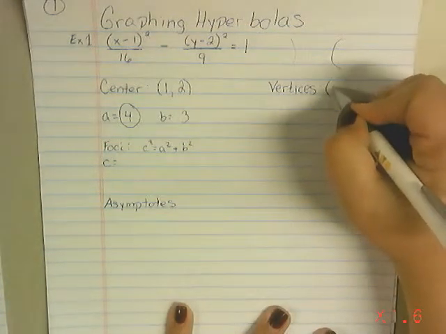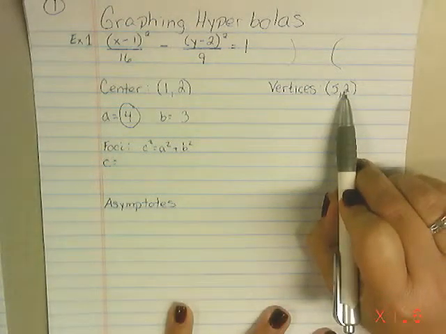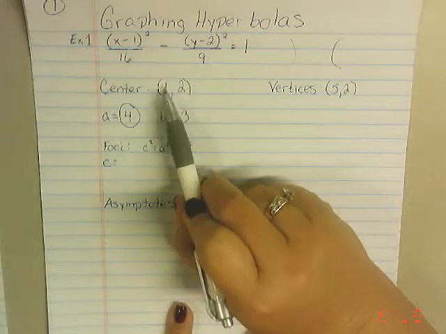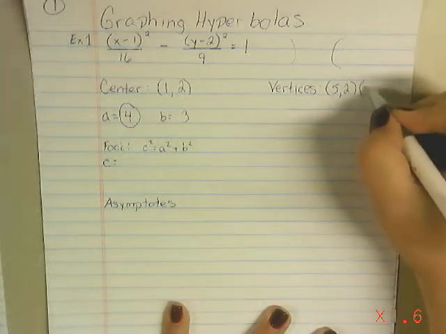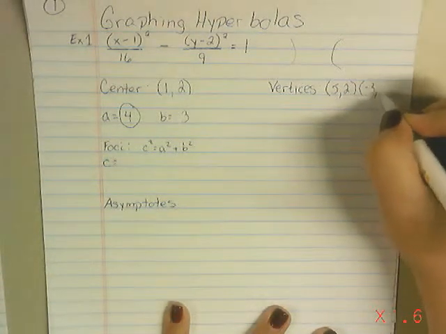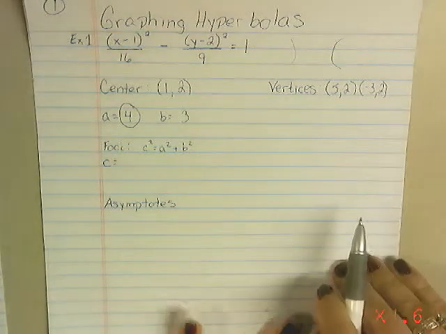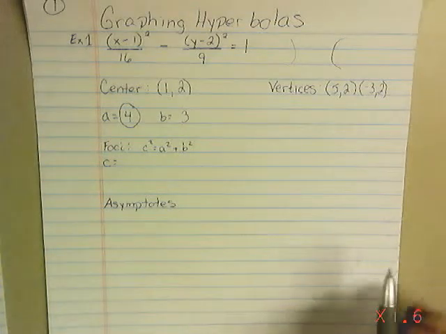When we move to the right, that's going to give us 5. We're not going to move up at all, so our y coordinate is going to stay 2. When we move 4 spaces to the left from 1, that's going to be at (-3, 2). And I'll show you a quick, easy way to find that when I actually go to make the graph, if you don't want to do that in your head.